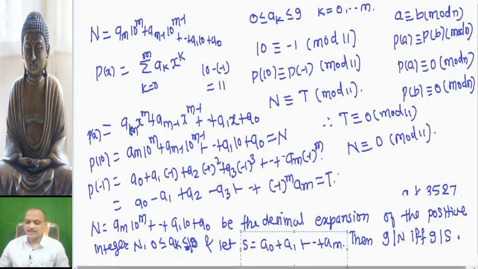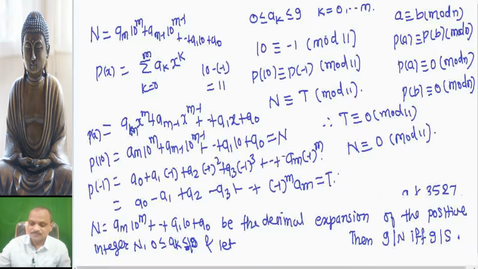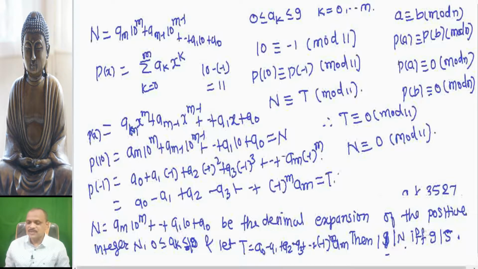Here, t equals a0 minus a1 plus a2 minus a3 plus minus 1 raised to m times a_m. Then instead of 9 we have 11: 11 is a divisor of n if and only if 11 is a divisor of t. So this is the other theorem which we get from the integer 11.